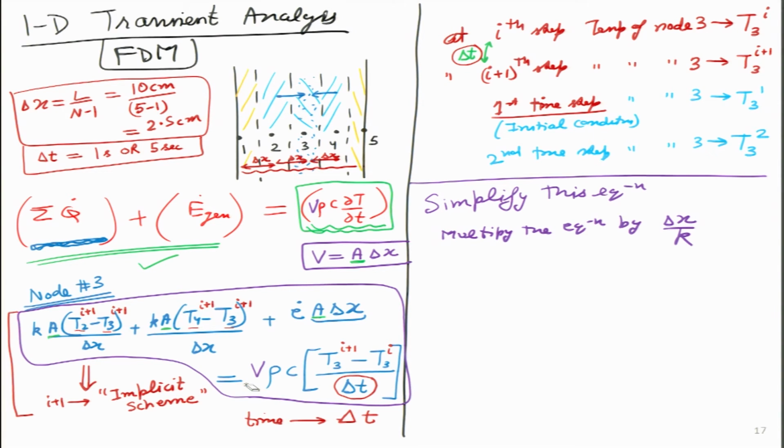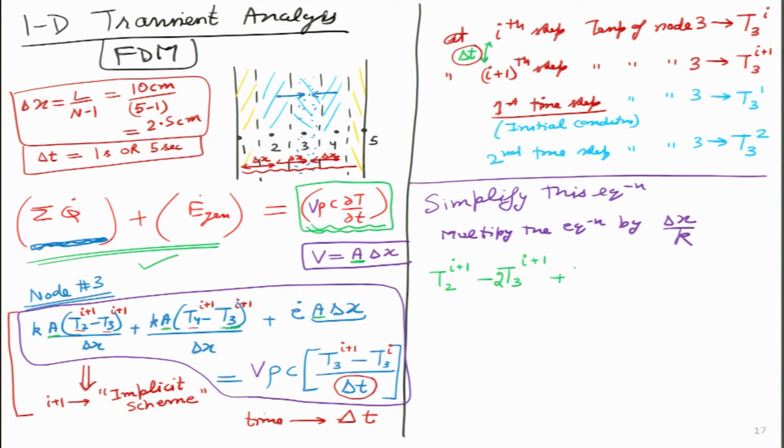So, what we get by doing that, in the first term what will we get? It will simply be T2 minus T3. So, it will turn out to be T2 at i plus 1 minus T3 at i plus 1, plus you can see we will get another T3 from the second term over here. So this T3, maybe I can put a coefficient 2 in front over here, because we will just multiply it by 2.